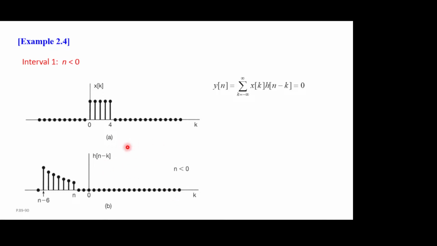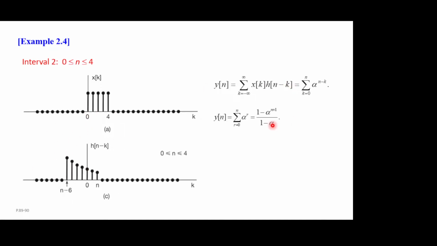And we see that for n less than 0, this and this have no overlap, so it should just be 0. Now we have a second interval. If n is between 0 and 4, then this x of k and h of n minus k have some overlap, and the overlap is this.